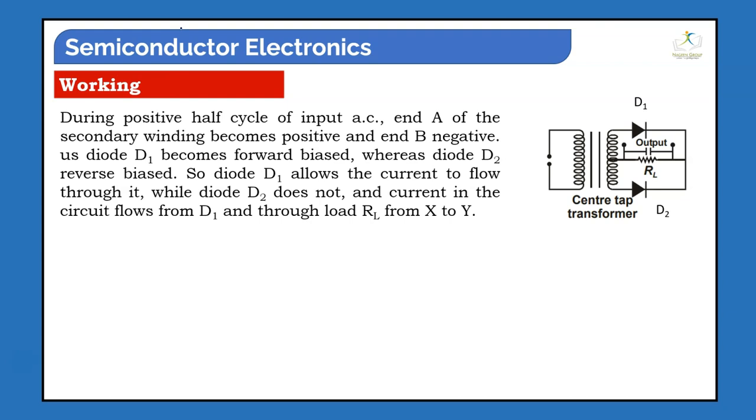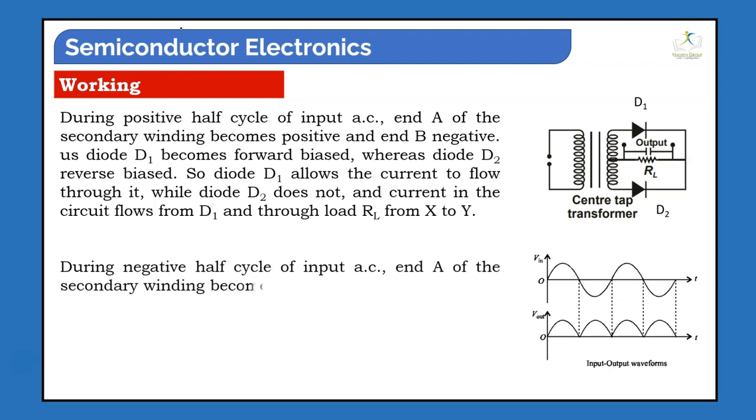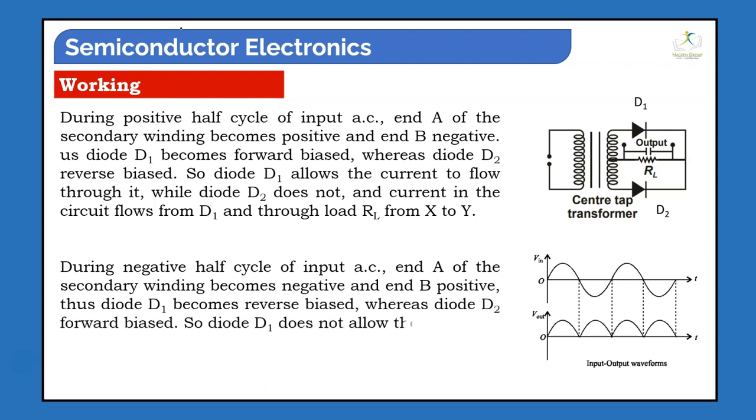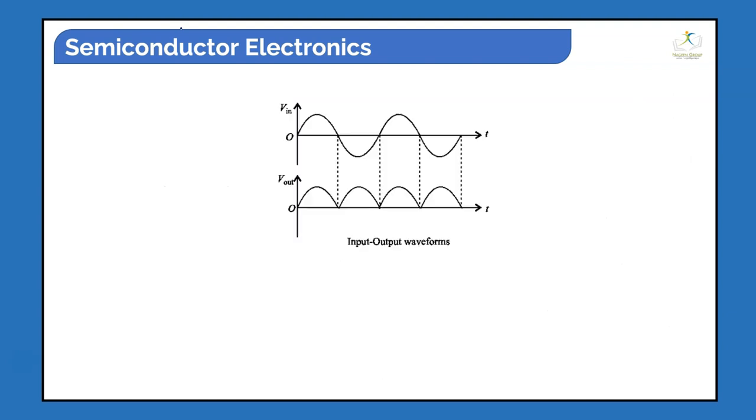So D1 allows the current to flow through it while D2 does not, and current in the circuit flows from D1 through load resistance RL from X to Y. During the negative half cycle of input AC, end A of the secondary winding becomes negative and B positive, thus diode D1 becomes reverse biased whereas diode D2 is forward biased. So D1 does not allow the current to flow through it, but D2 does, and current in the circuit flows from D2 through load resistance RL from X to Y.